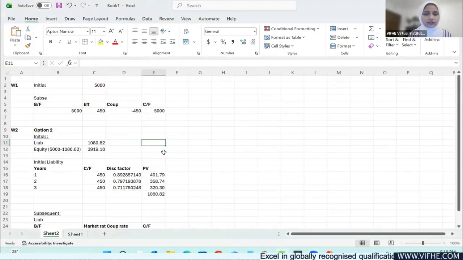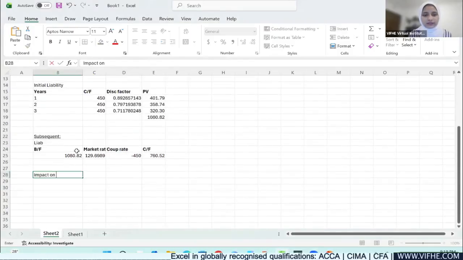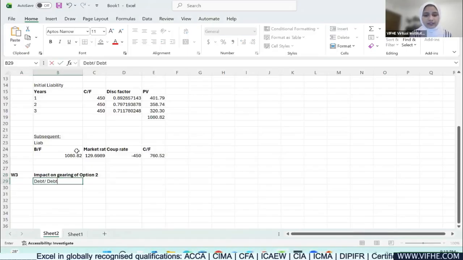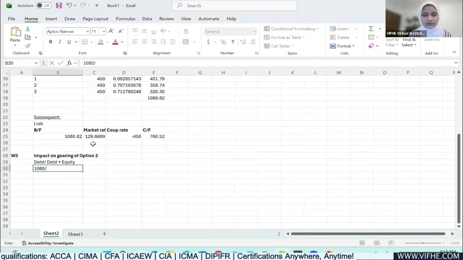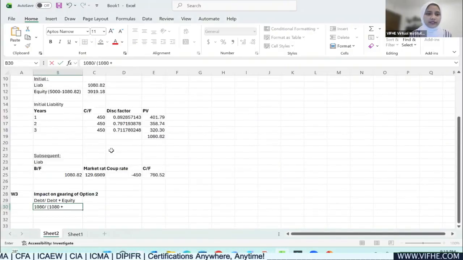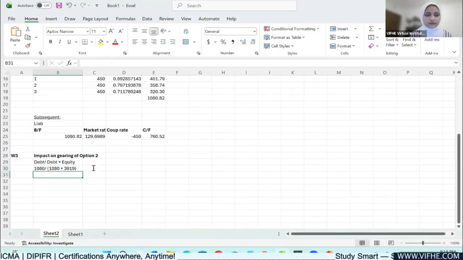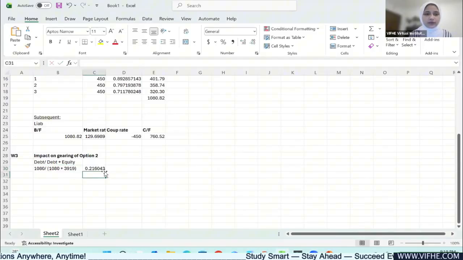If you want, you can also check the impact on gearing of option 2, working 3. So it's debt upon debt plus equity, right? So my debt is 1080 divided by 1080 plus the equity element of 3919.